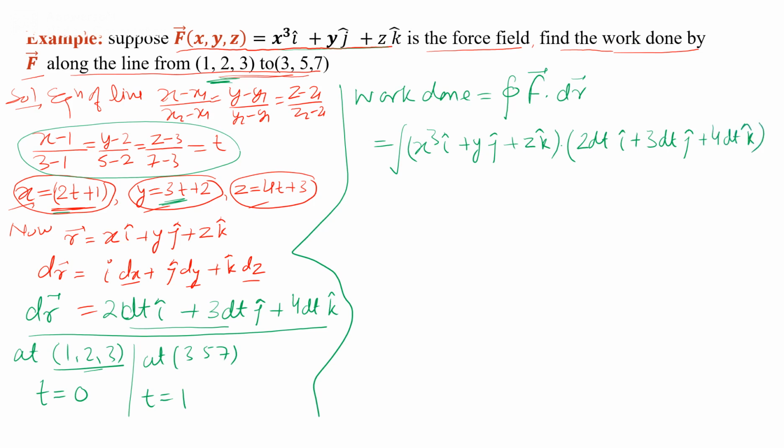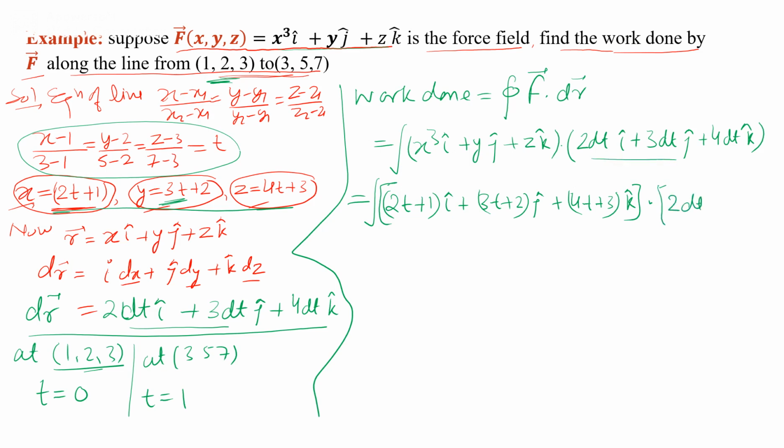Here we put the values of x, y, z in terms of t. So we write (2t plus 1) cube i, (3t plus 2) j, and (4t plus 3) k, dot product with dr, that is 2 dt i plus 3 dt j plus 4 dt k.